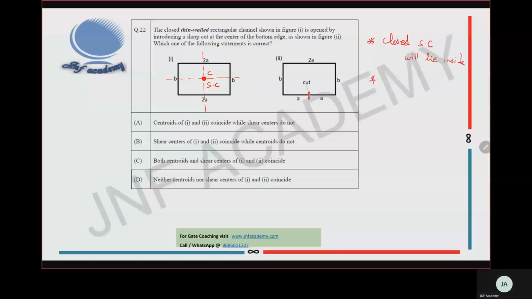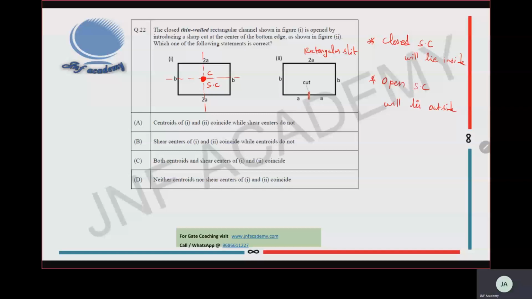But if you see any open section, say for example, this is a rectangular slit, because you made a small cut over here, the shear center will lie inside for a closed section. But if you take the open section, the shear center will lie outside the cross section. This is very, very important.